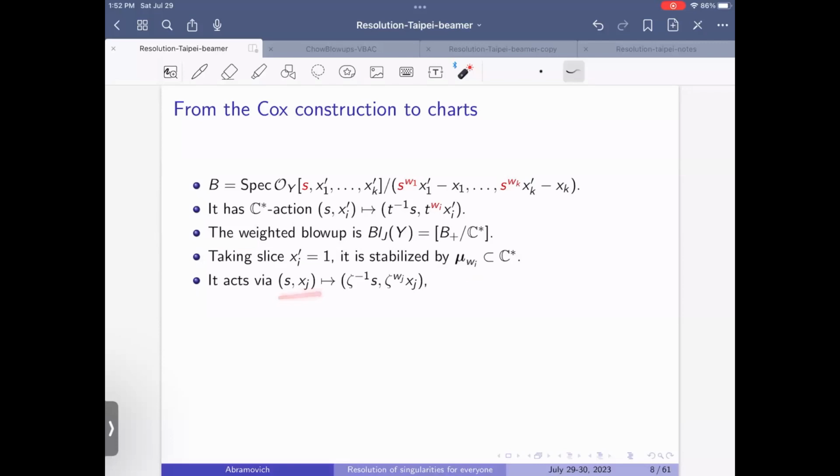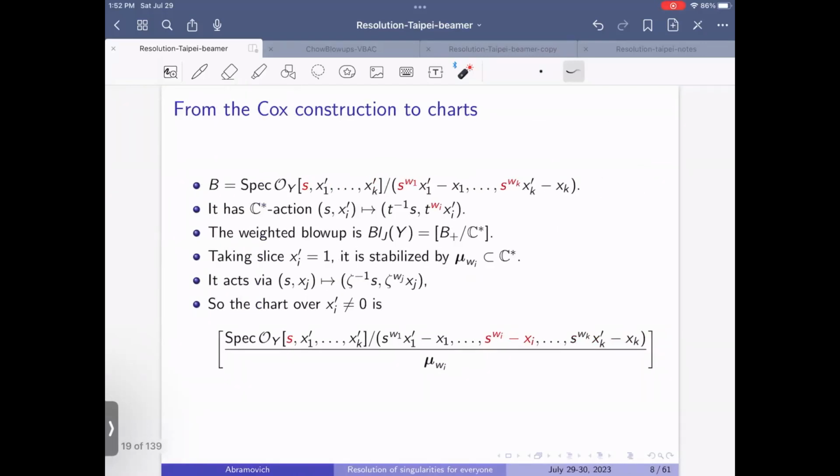So this is the way that group of roots of unity acts. And if you plug in xi prime equals 1 with this action, you have this stack theoretic presentation of the quotient. So instead of getting rid of S entirely, S becomes the wi-th root of the original variable in this chart, and the other equations remain the same. And then you have to mod out by the action of the residual group.